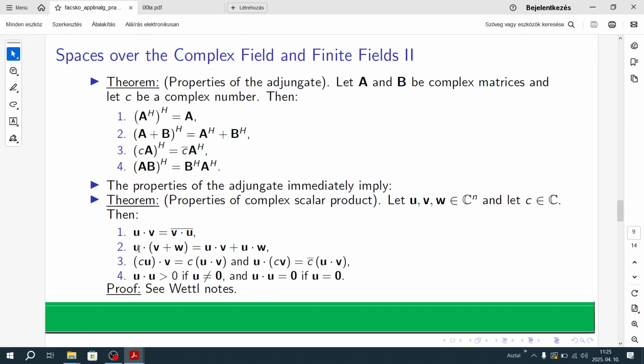There is associativity, you can do this, and the associativity for the matrix product. I have to check this.